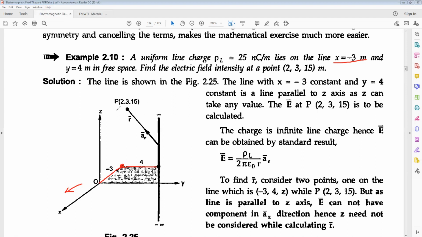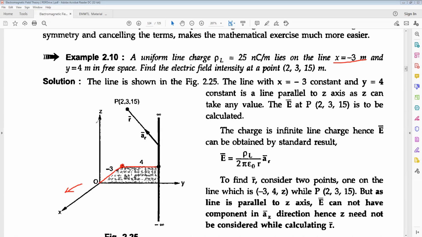As shown in the figure, the line x equal to minus 3 constant and y equal to 4 constant is a line parallel to the z-axis, and z can take any value. The E bar at the point P (2, 3, 15) is to be calculated.